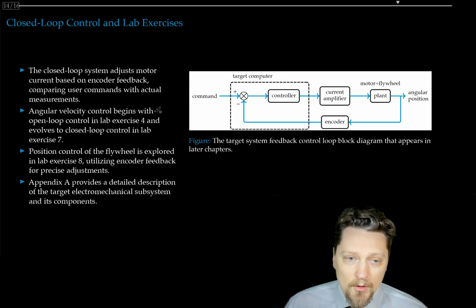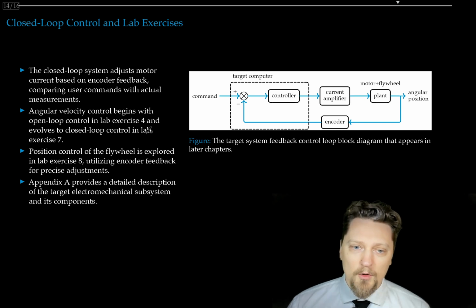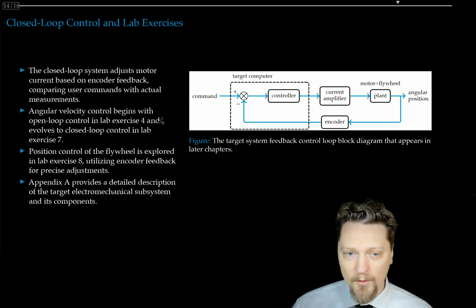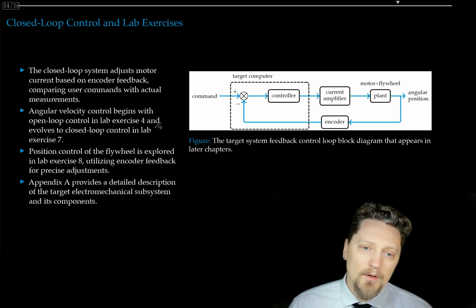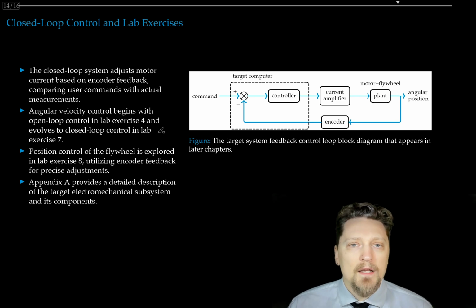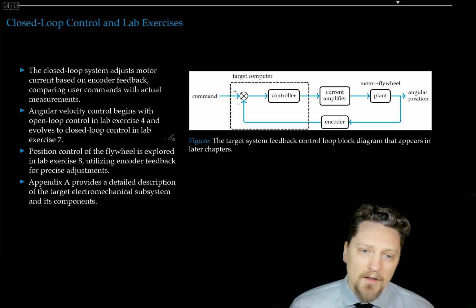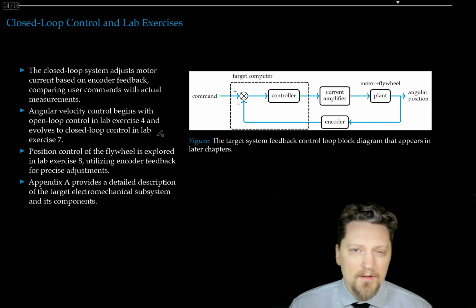Angular velocity control begins with open loop control in lab exercise 4, which means we're not going to get the feedback, and evolves to closed loop control in lab exercise 7. So we'll do angular velocity control in lab 7. We have to build up some blocks to get there.